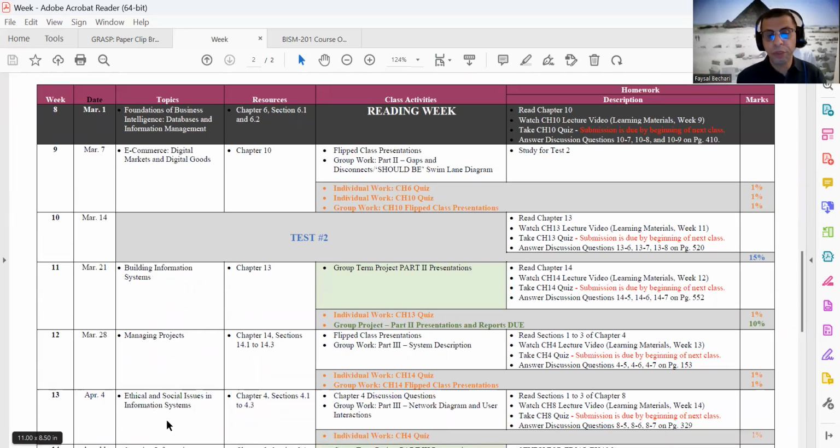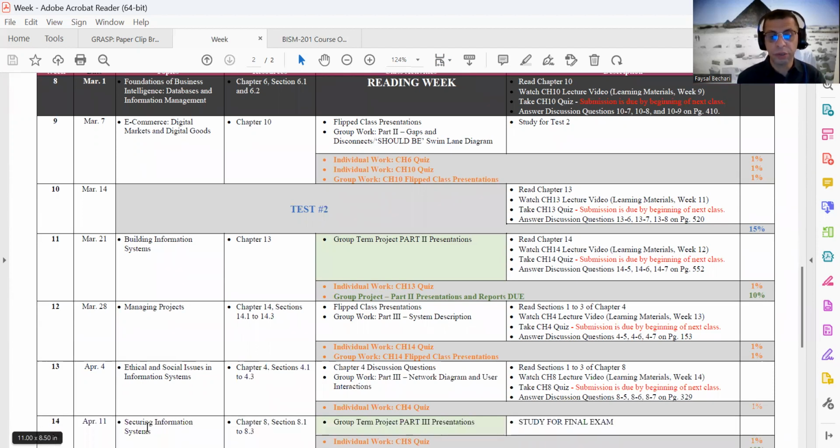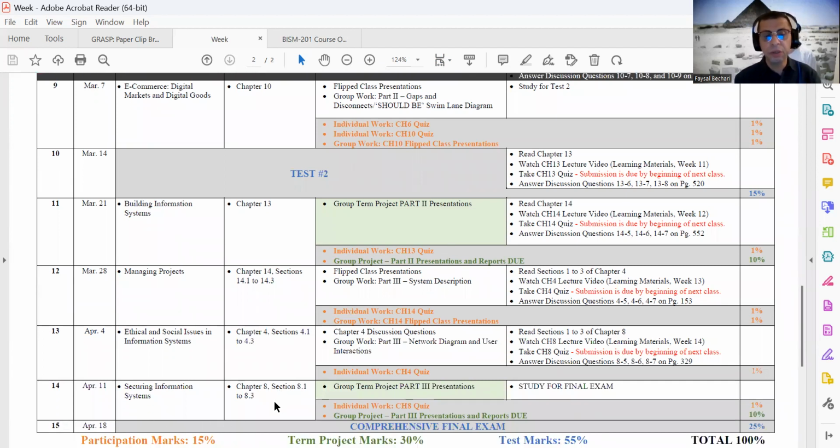On April 4th, we will touch on ethical issues. It's good we left the ethical issues to the end so we can express and share opinions on how these help us understand how to evaluate the ethical and social issues. We also need to cover security. This is probably the last part, Chapter 8, securing information systems and how it's done.